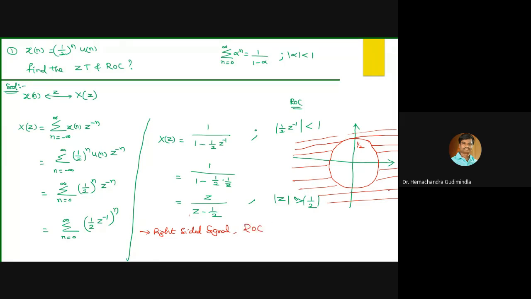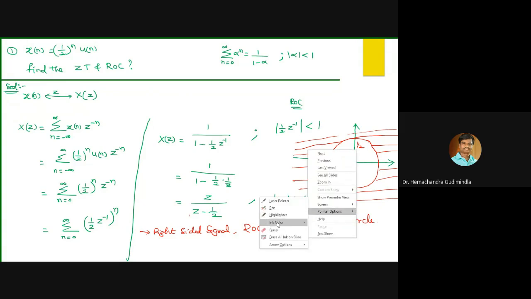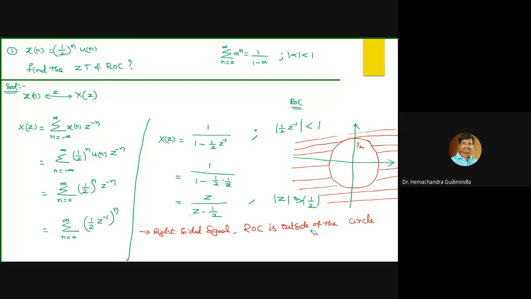The ROC is outside of the circle. Now you see that u of n.